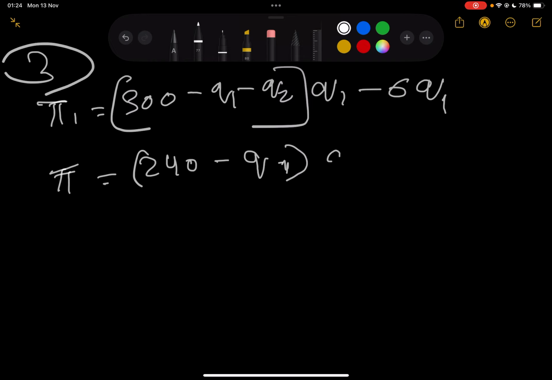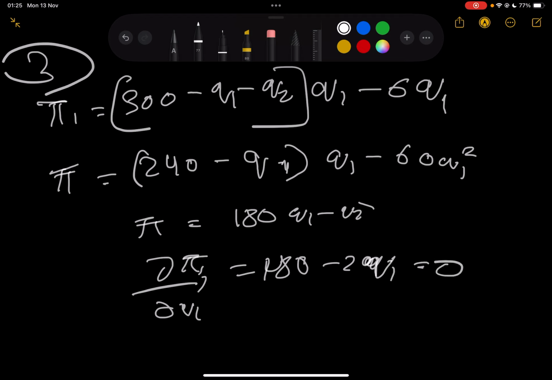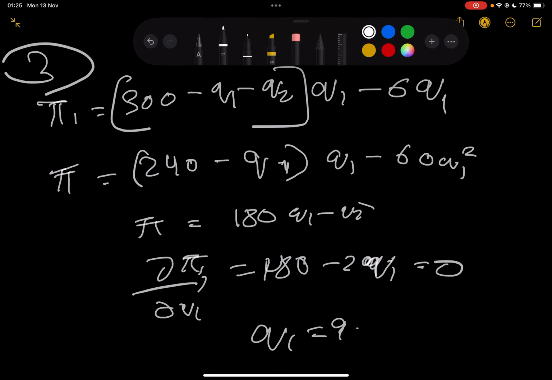The profit is going to be 180 Q1 minus Q1 square, and then I'm going to differentiate it. Profit with respect to quantity 1, I get 180 minus 2Q1 equals 0, and Q1 is going to be 90.